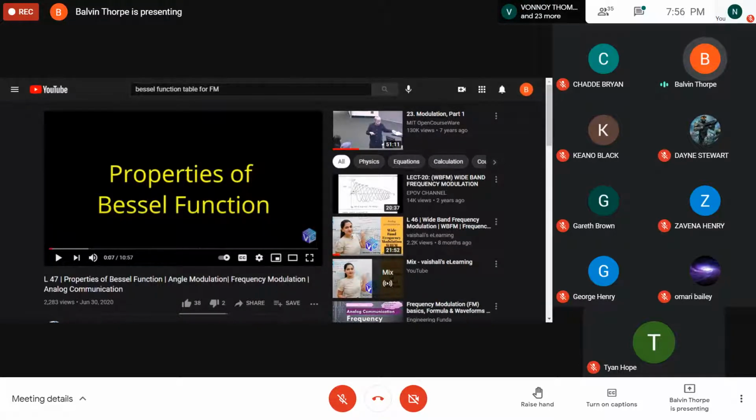So when you mix two signals, a higher frequency signal, which is the carrier, and a lower frequency signal, which is the modulating signal, based on the resulting mixture, what would be the total bandwidth of the signal?